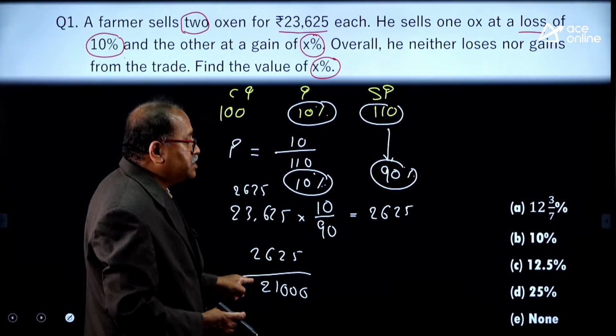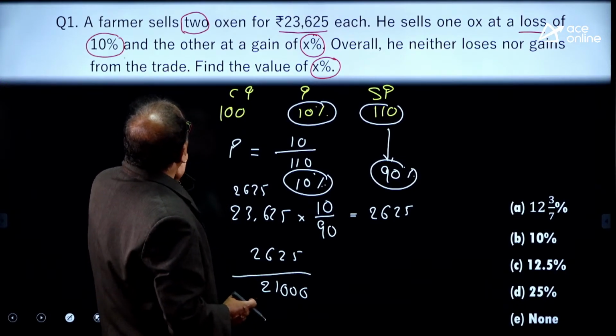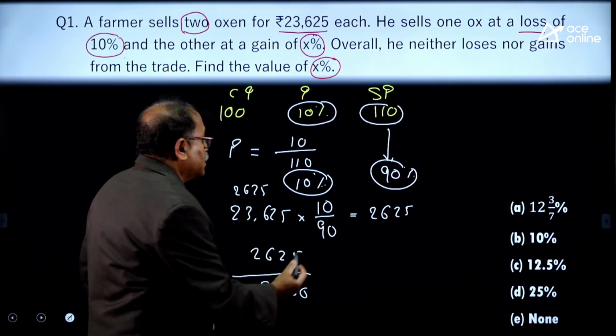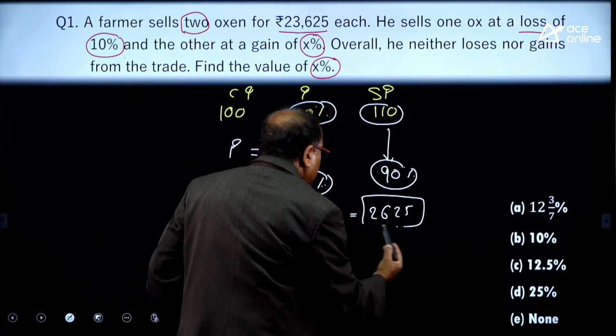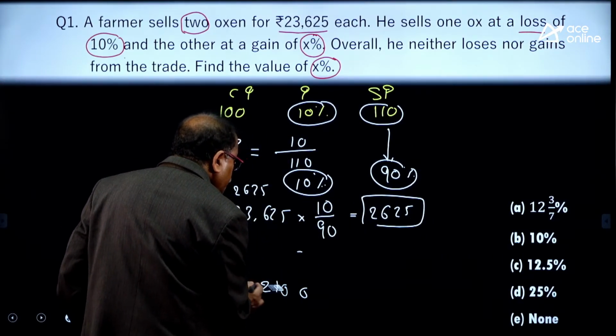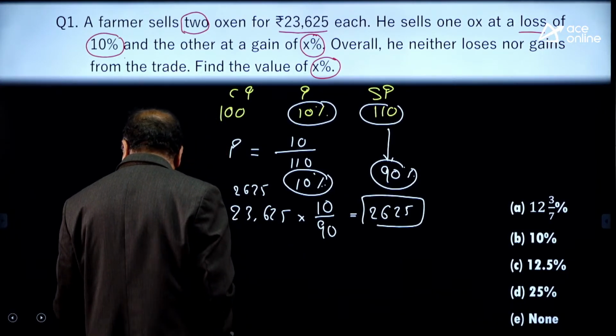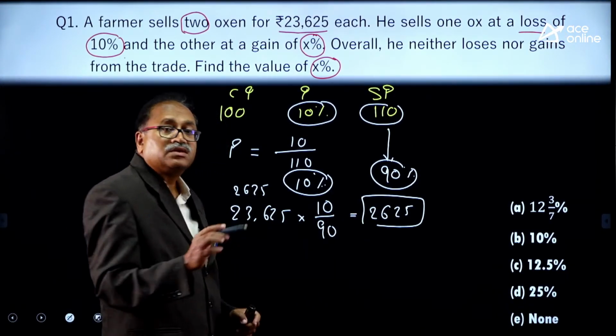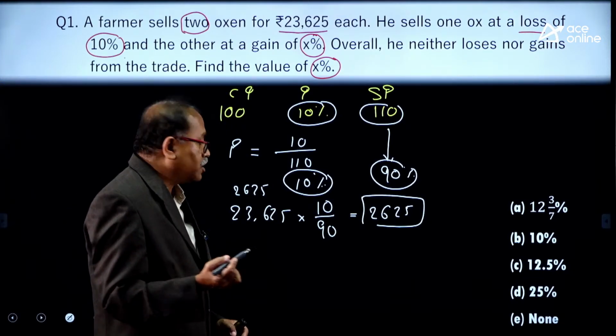Come on my dear friends, here okay. This is not the cost price here because there is a loss in this case. So, your cost price will be the selling price plus loss, you will be getting the cost price.